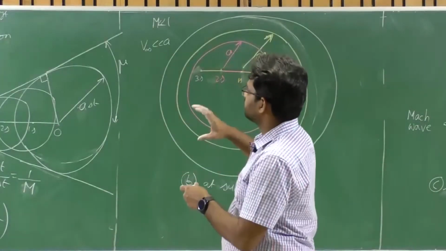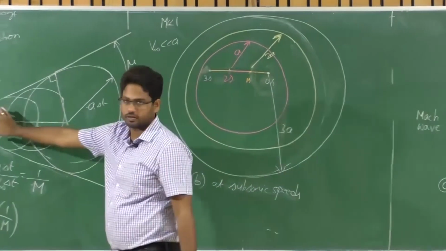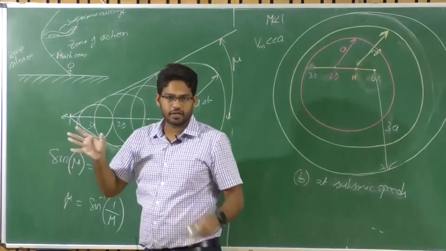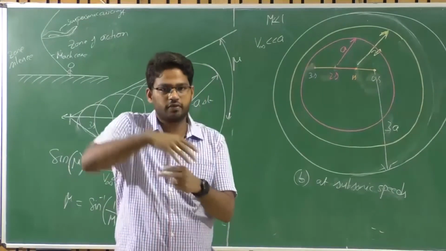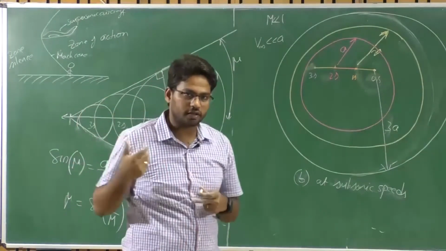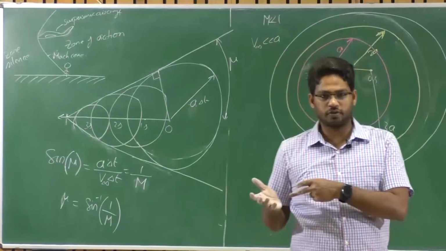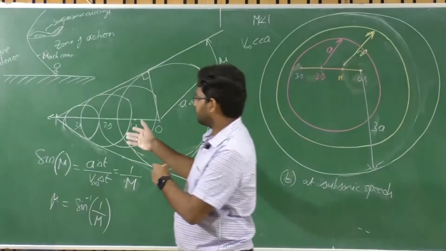Due to the lack of propagation of this disturbance, the fluid elements just ahead of the aircraft will hit the aircraft instead of flowing smoothly over it, which was the case for subsonic flow. So the same will not happen here anymore.